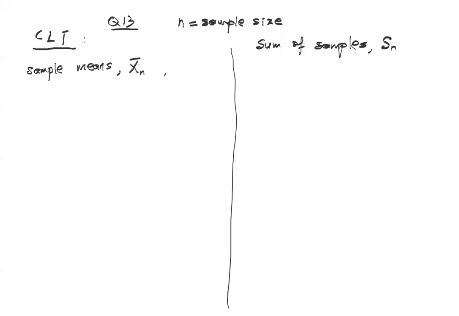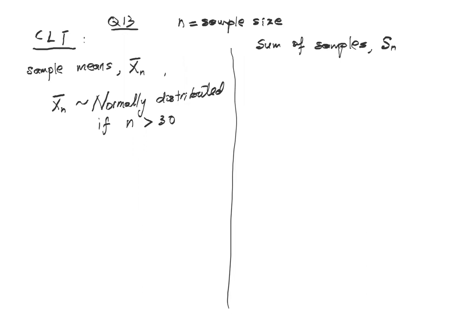According to central limit theorem, the sample mean distribution is normal, maybe it's normally distributed, maybe it's not, depending on the sample size. It is normally distributed if n is greater than 30. The same goes for the sum.